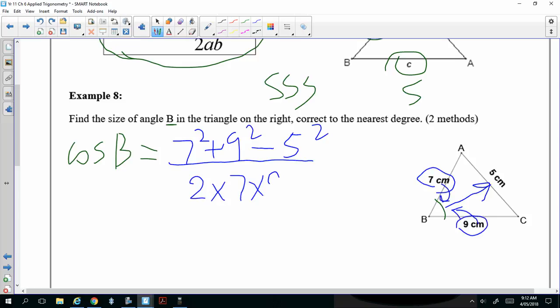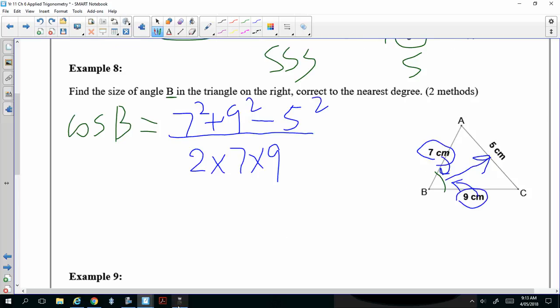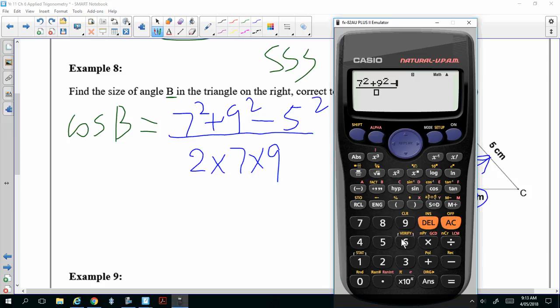2 times 7 times 9. That's it. So it's very easy to remember. Okay? So you add the ones next to the angle, subtract the one opposite to the angle. Just remember, opposites subtract. And then we're going to use the calculator: fraction 7 squared plus 9 squared minus 5 squared over 2 times 7 times 9, equals 5 over 6.